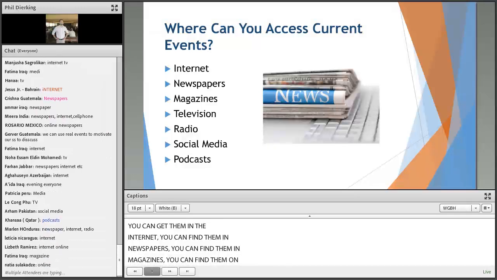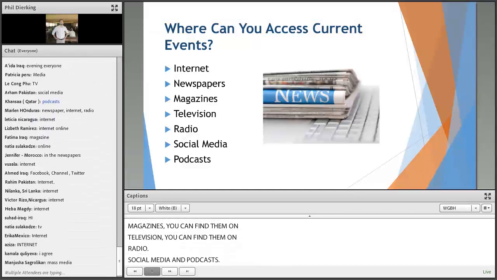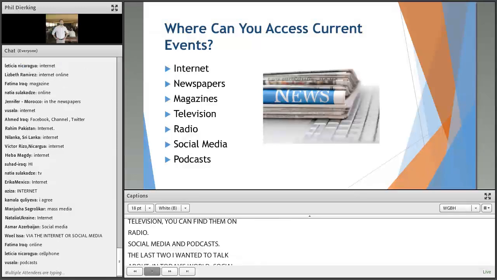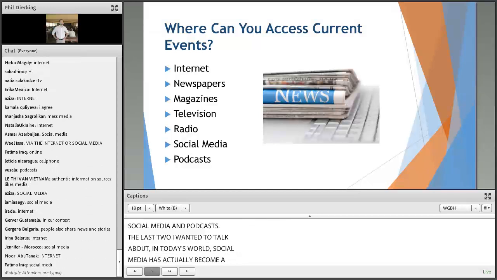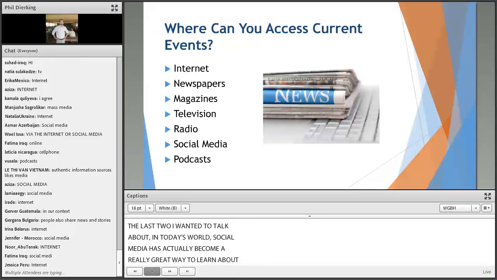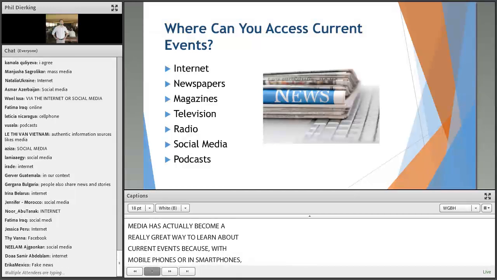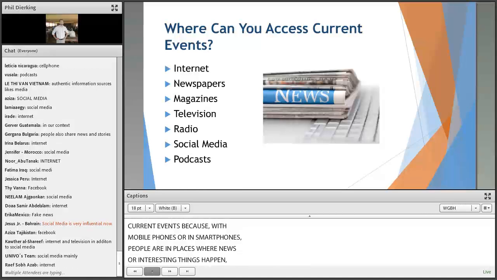And the last two I wanted to talk about, in today's world, social media has actually become a really great way to learn about current events because with mobile phones or smartphones, when people are in places where news or interesting things happen, they're more likely to upload them to their Facebook account, their Twitter account, or YouTube, and make them accessible to everybody.